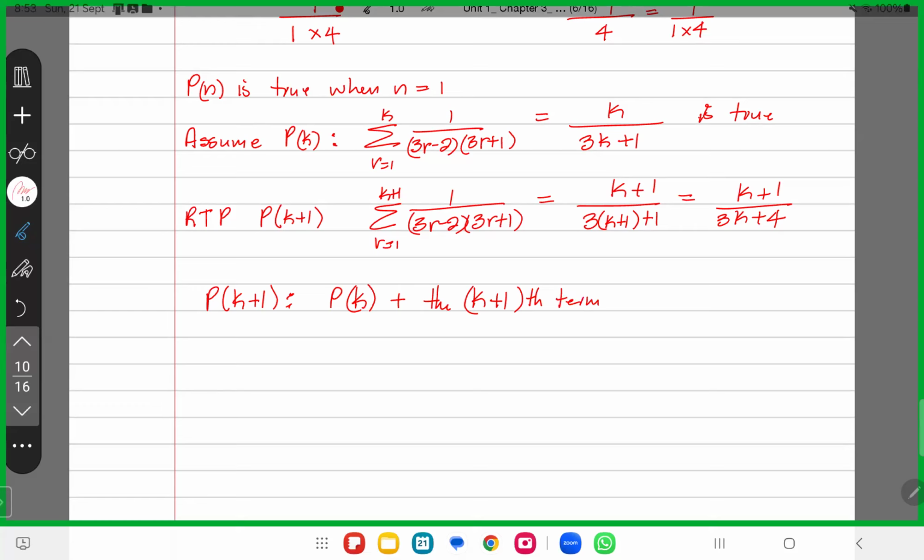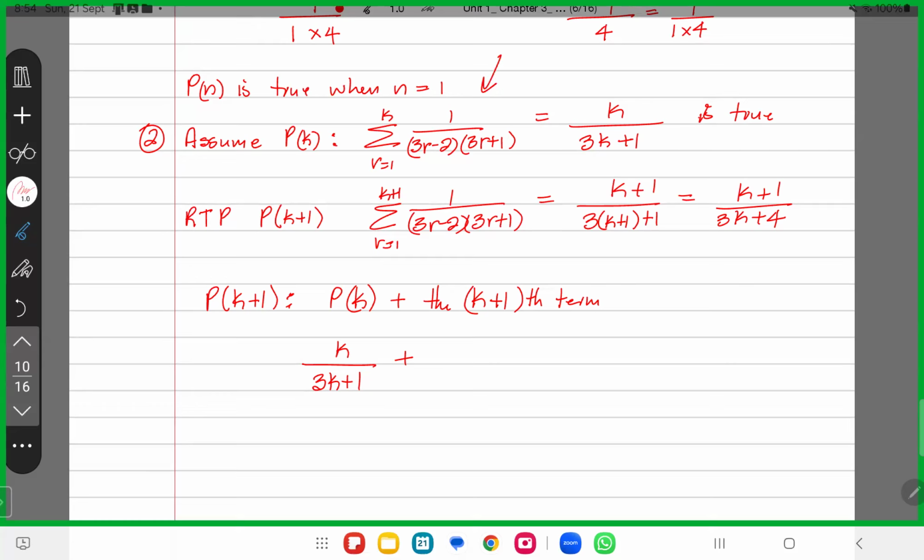So you're going to sum, but pk from step 2 is equal to k over 3k plus 1. From step 2, that's what pk is equal to. Plus now the k plus 1 term. The k plus 1 term is when r is equal to k plus 1.